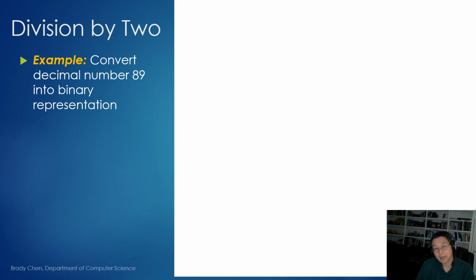Now here is another example. This time we're going to look at the number 89. It's kind of a big number. It's not really that big, but if we try to calculate it by hand, it's still kind of big. So let's just do this.